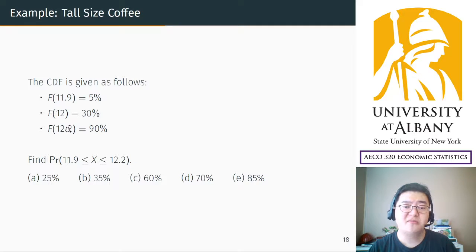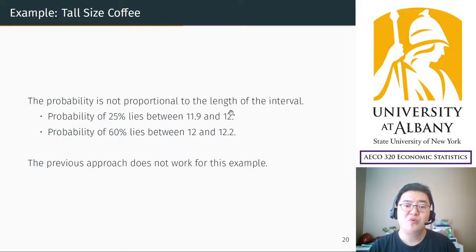So the latter interval is twice as long as the former interval, but the probability is more than double, 60% and 25%. So in this simple example, the probability is not proportional to the length of the interval, right? If you calculate two intervals, their probabilities are not proportional to the length of the intervals. So the previous length approach is not general enough.